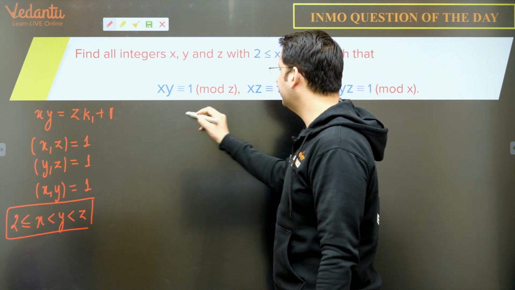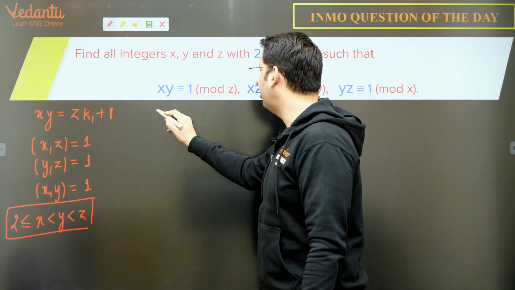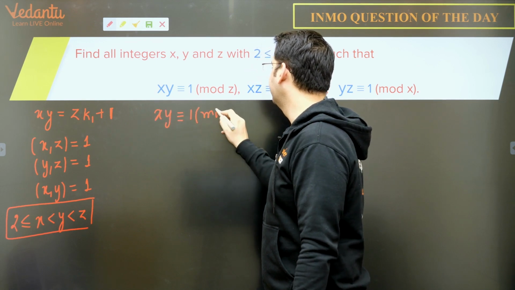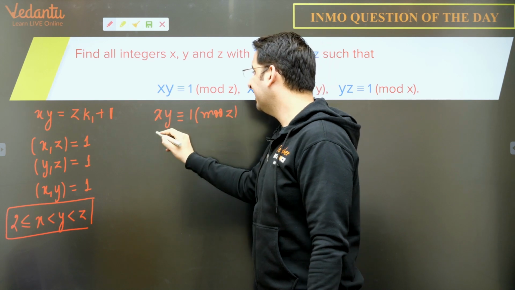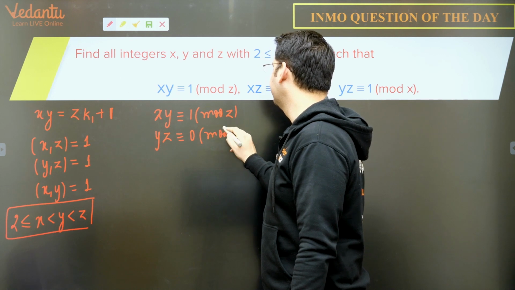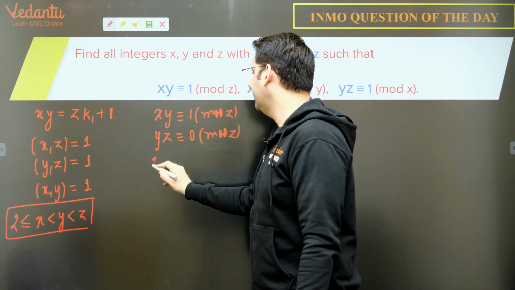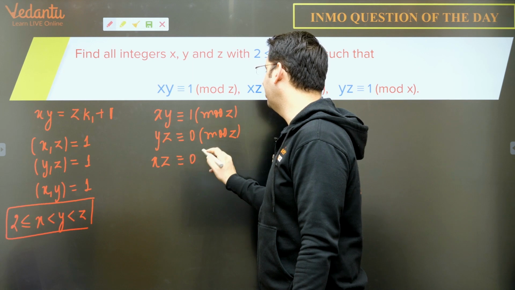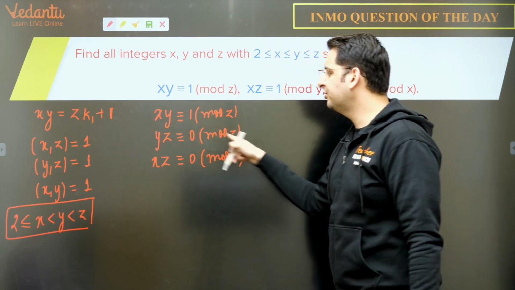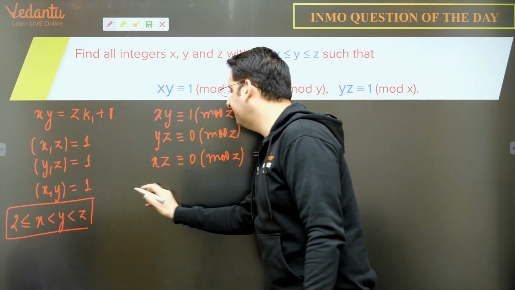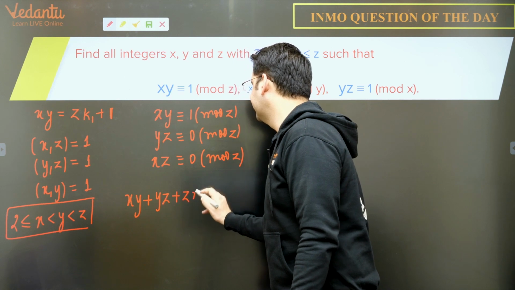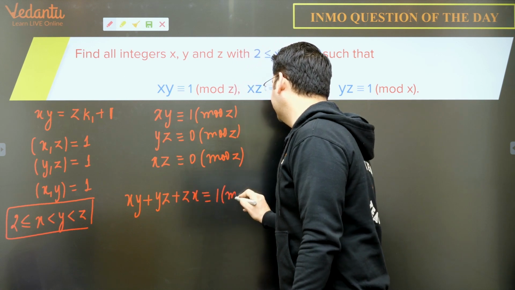So if we just talk about xy is 1 mod z, can I say yz is 0 mod z and xz is also 0 mod z, because obviously these two are divisible by z. And if I add everything up, xy plus yz plus zx will be 1 mod z.